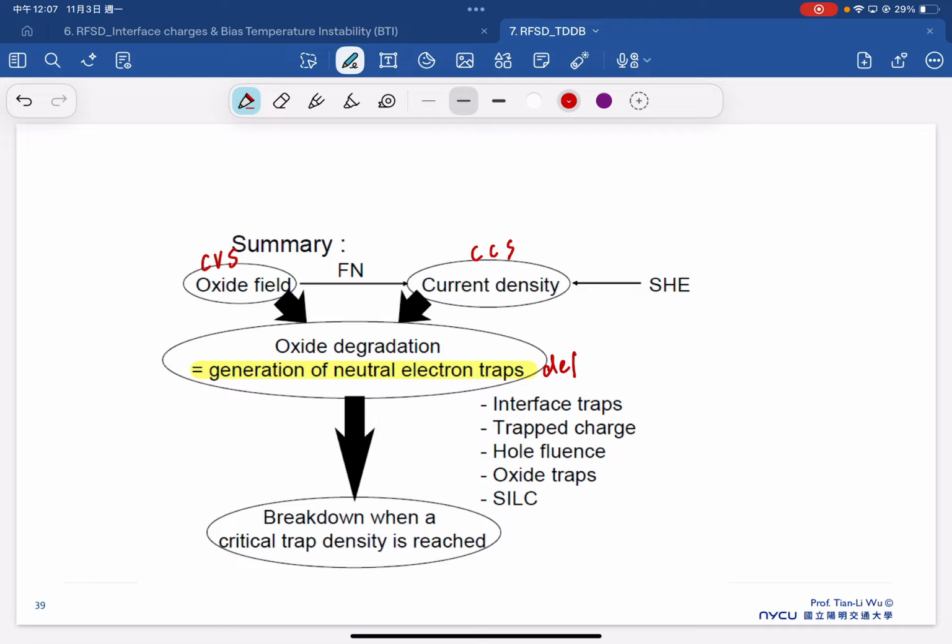So we have several possible related defects: interface trap, trapping charge, hole fluence, oxide trap, SILC, and then breakdown when the critical trap density is reached. And because of this understanding of the critical trap density reached, we come out with the understanding of the population models.